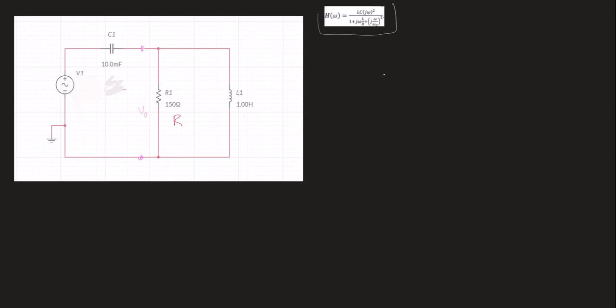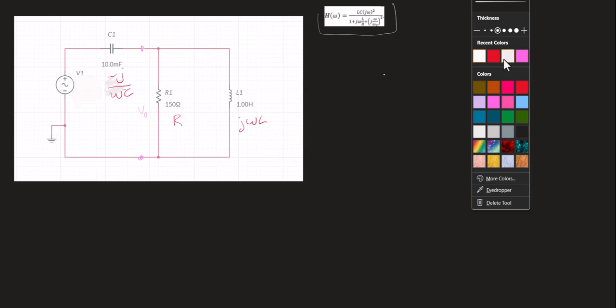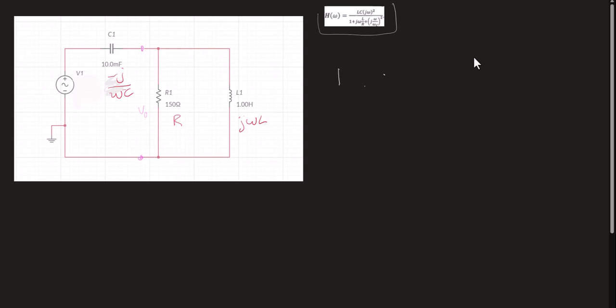So for our inductor, the impedance is going to be j omega L, and the capacitor is going to be minus j over omega C, and the resistor, of course, is just going to be R. Now, our transfer function is V out over Vin.